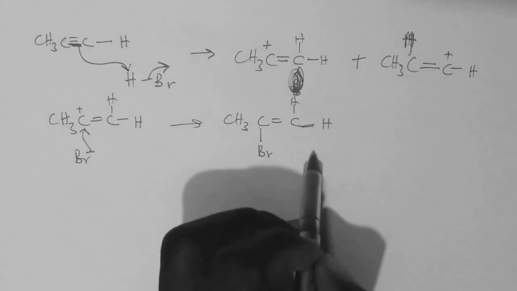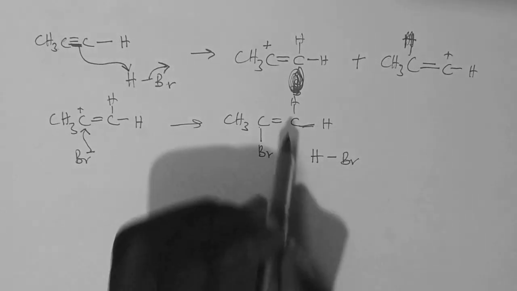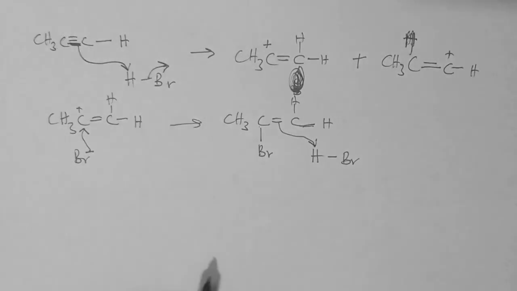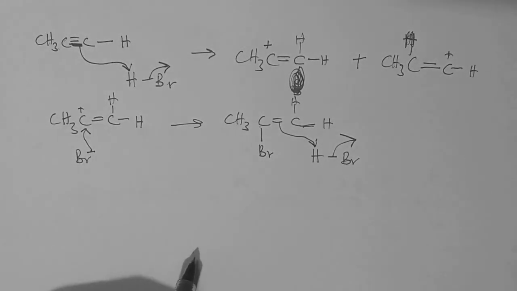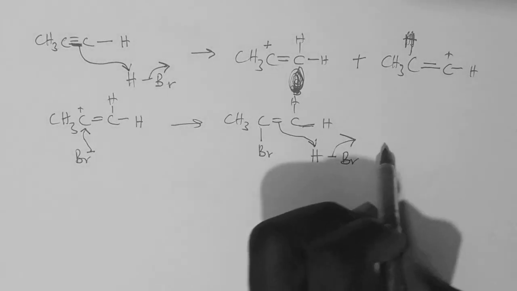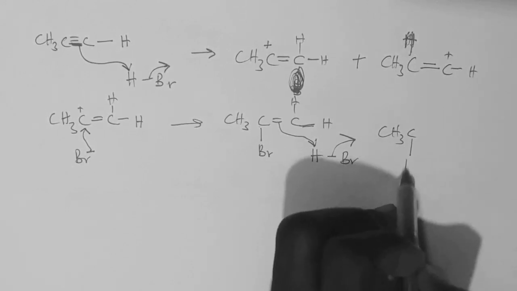Now, if we add another mole of the HBr, then the lone pairs can come for this proton again, whilst causing this bromide ion to leave to give us CH3, C, then there is a bromine here.